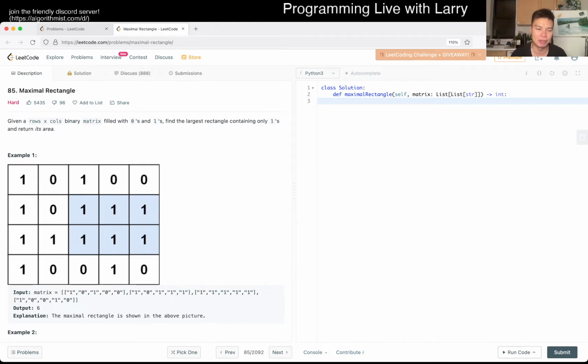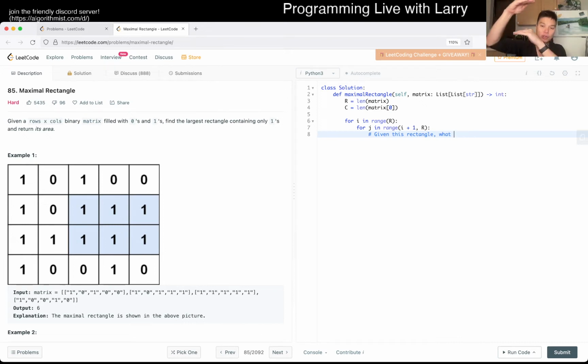What I mean by brute force on the rows is that we do something like for i in range of R, where R is the length of the matrix and C is the length of matrix[0]. Then, given these two rows inclusively, what is the biggest or maximal rectangle here? I think that's probably good enough.